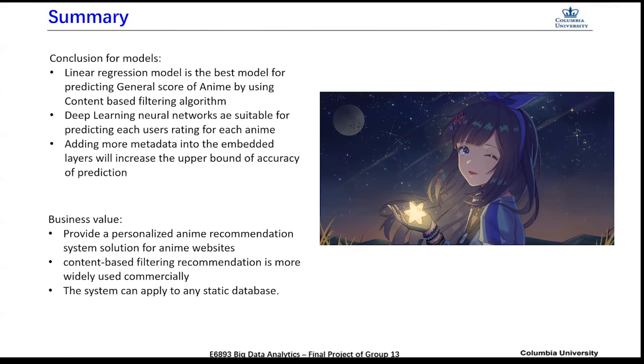And also content-based filtering recommendation is more widely used commercially. Why is that? Because first, it's very simple, and the processing time is very small. And also for new users, the CF algorithm won't help very much. So instead of broadly using the CF algorithm, we see more content-based filtering in real life.